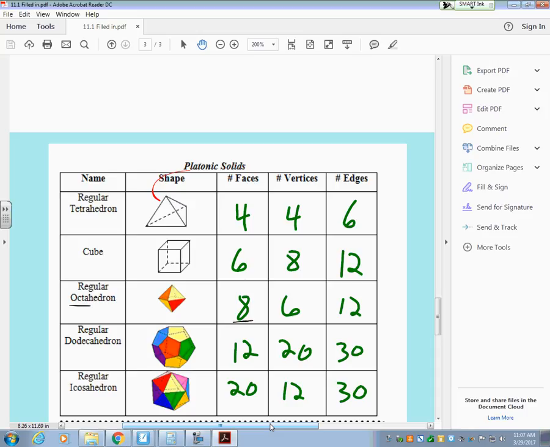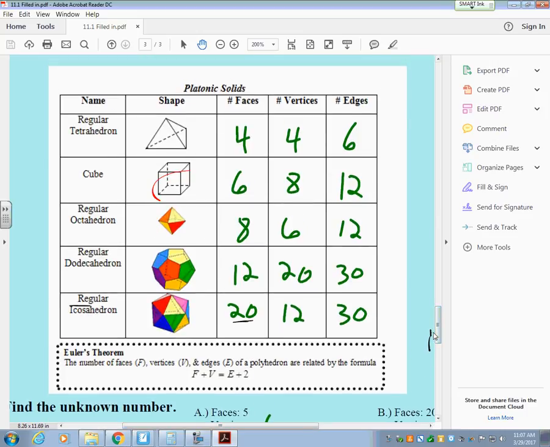Dodecahedron, kind of like the dodecagon we studied. Dodecahedron has 12 faces. It's kind of that soccer ball, the pentagon shape. All those faces are the same pentagon.